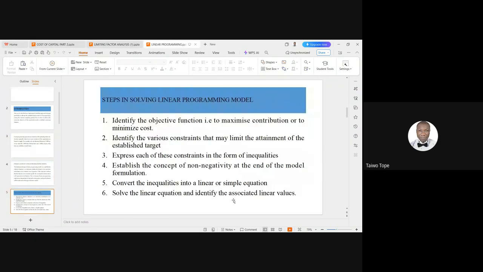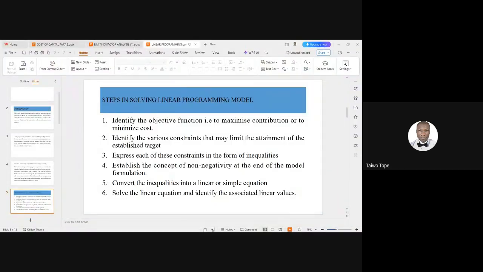So based on this, the objective function can either be to maximize contribution or to minimize cost. When you are solving a question that involves maximization of contribution, you do the reverse when you are minimizing cost.